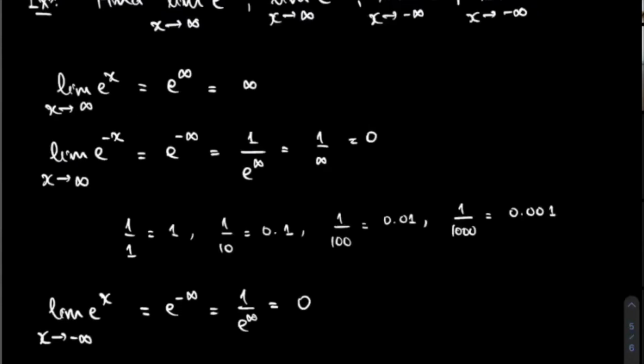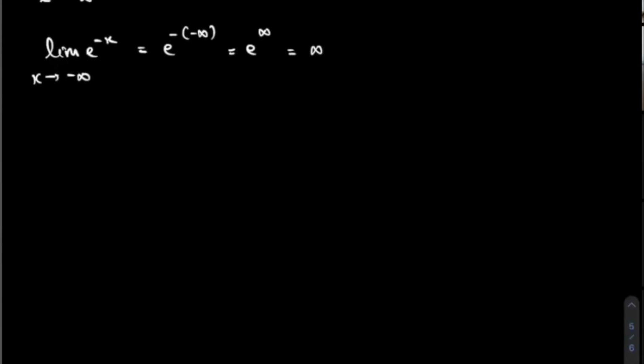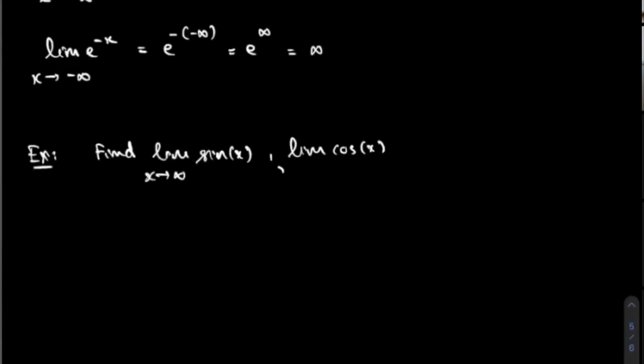Another limit that we should look at is the limit of sine and cosine functions. So find the limit of sine of x as x approaches positive infinity, and the limit of cosine of x as x approaches positive infinity. Same thing when you have limits of the functions as x approaches negative infinity.